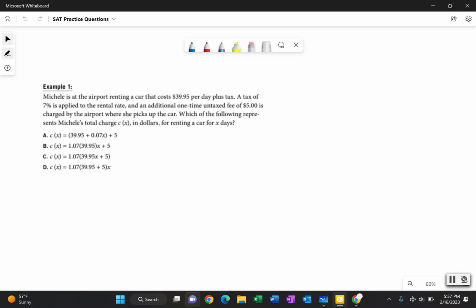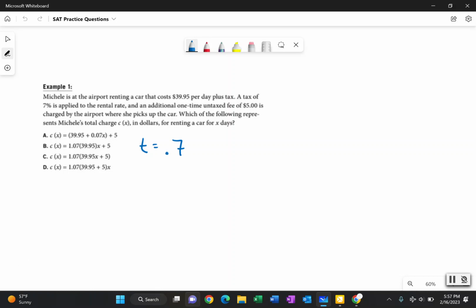So we have a few things we have to make sure we take a look at here. One, we have our sales tax, or just our tax in general. So we can say our tax is equal to 0.07, right?